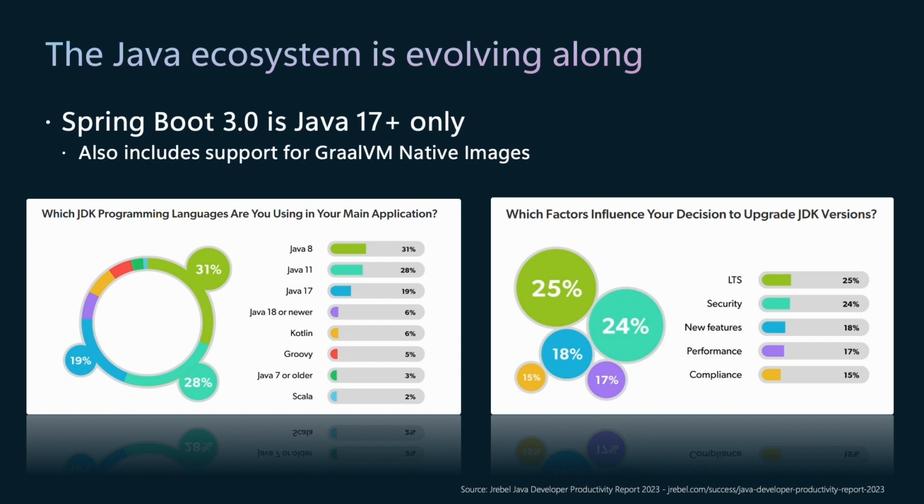That's why Microsoft provides its own build of OpenJDK, and we do provide commercial support for Java on Azure. And performance is always there. And finally, compliance. Compliance is interesting for many companies, especially companies working in the financial industry, in the healthcare industry, or working with governments. They do care a lot about compliance.